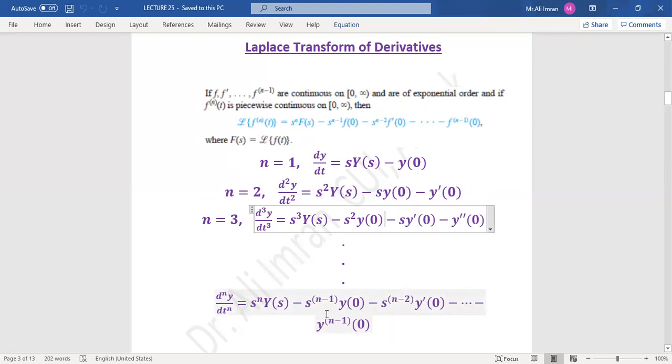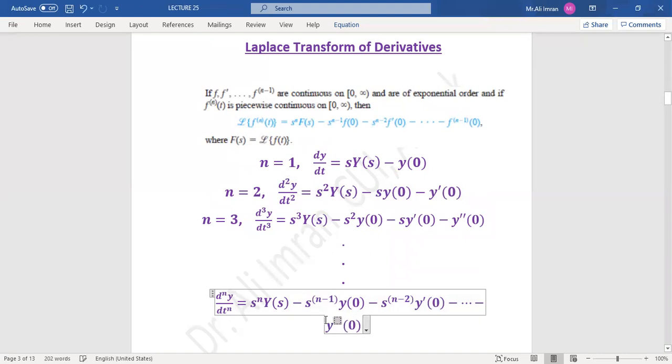Here power denotes derivative. This is the n minus 1 derivative and n minus 2 derivative, and at last we will have y of 0. So, dear student, these are the Laplace transforms of the first derivative, second derivative, and we have generalized for the nth derivative.